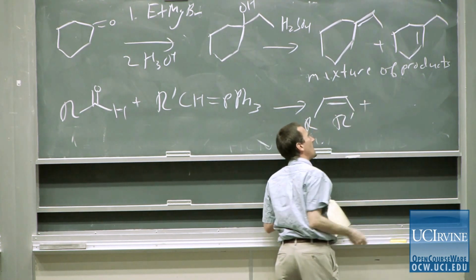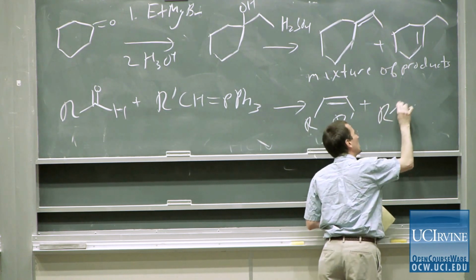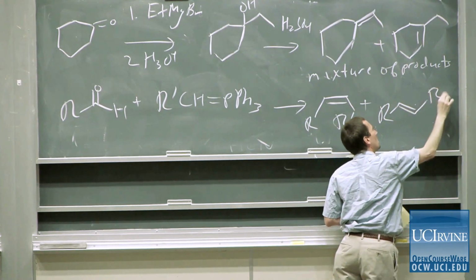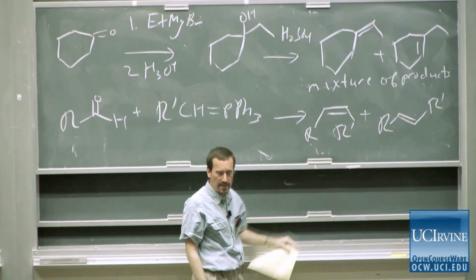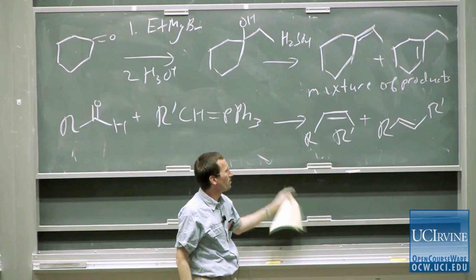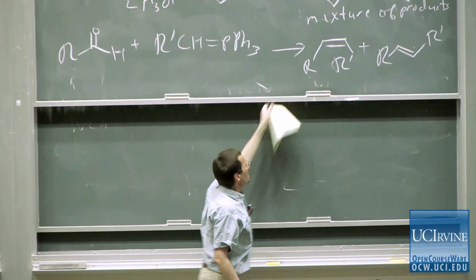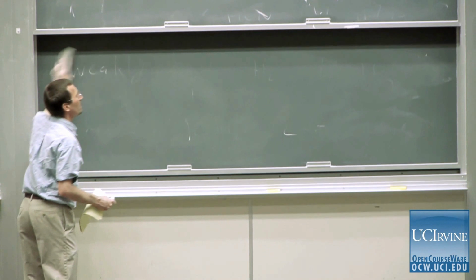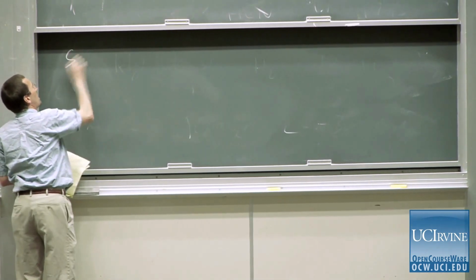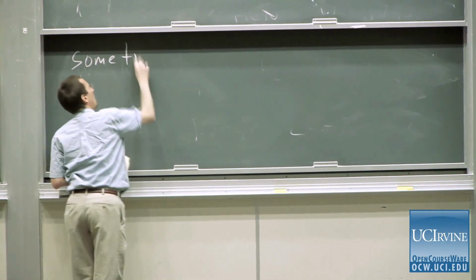It's pretty hard to get just one pure. Well, you can sometimes get the trans pure, but the trans isn't surprising because trans alkenes are more thermodynamically stable. But what's interesting is that sometimes, under some conditions, the cis product can be the major product.